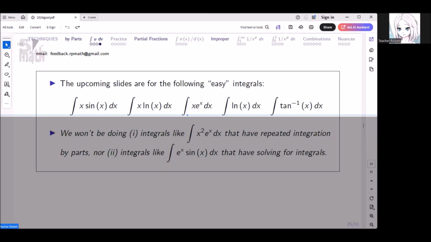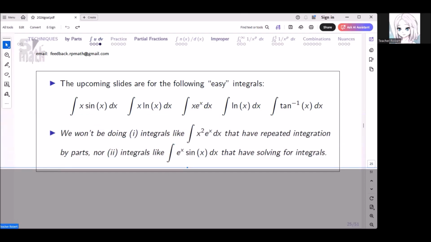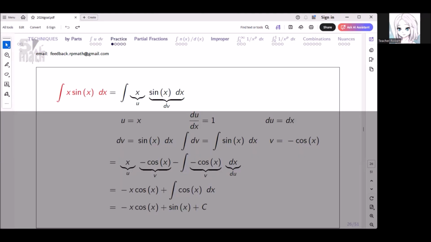The upcoming slides are for the following easy integrals. We won't be doing 1. Integrals like integral x squared e to the x dx that have repeated integration by parts, nor 2. Integrals like e to the x sine x dx that have solving for integrals.